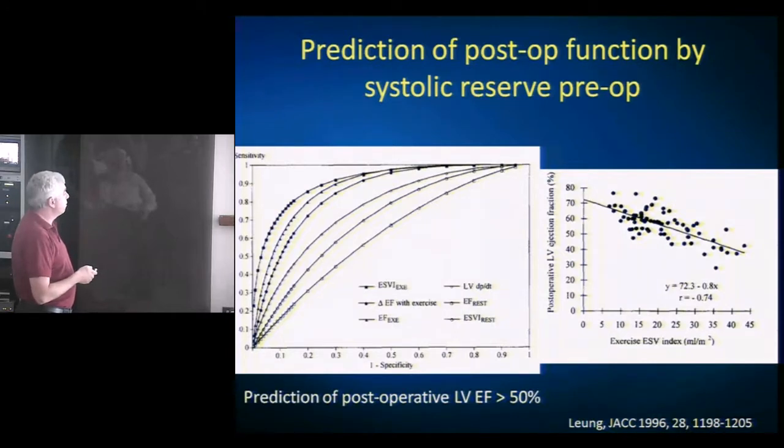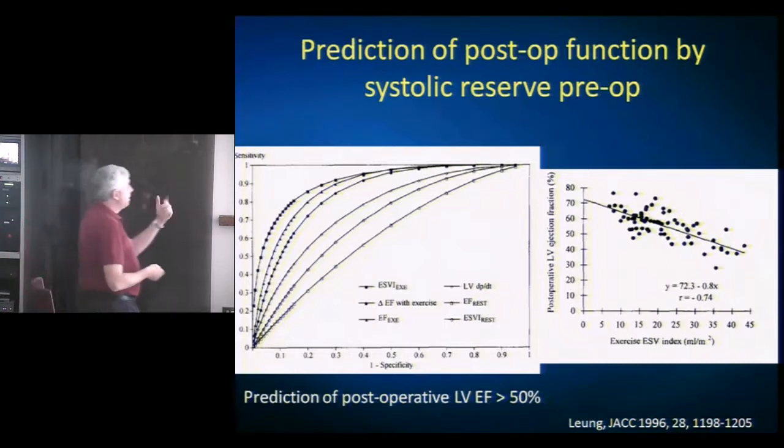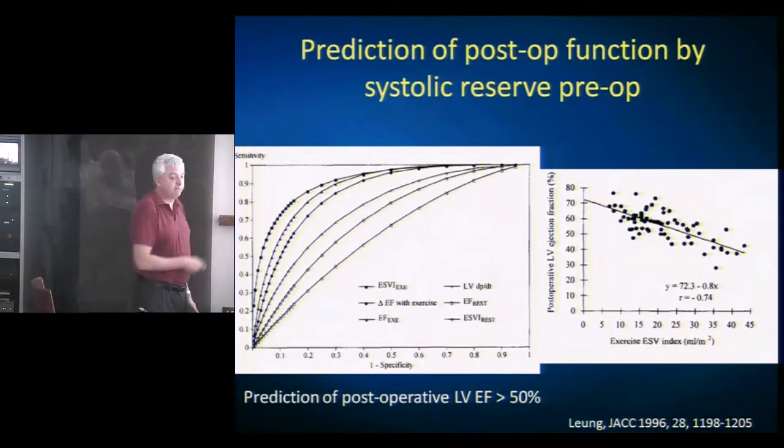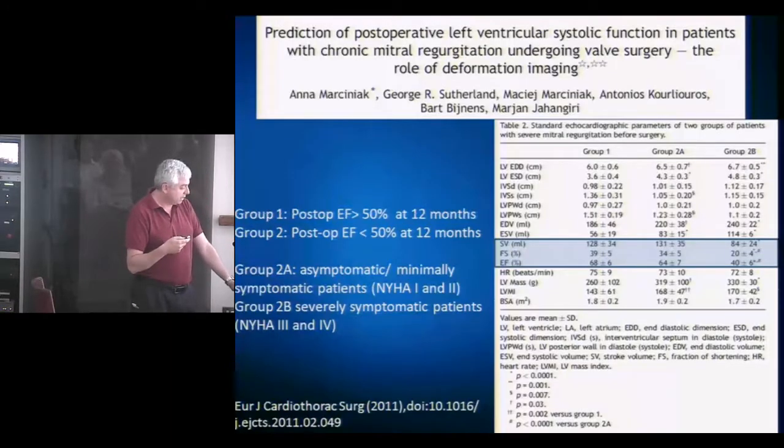And to cut a long story short, you can see that the end systolic volume, and this is an older paper, so they're not looking at strain, the end systolic volume indexed correlates quite well with post-operative LV ejection fraction, and the end systolic volume index during exercise, this curve over here on the ROC curve, best predicts who's going to have an LVEF of above 50, which they defined as normal after surgery. So again, using exercise to tell us what our functional reserve is.